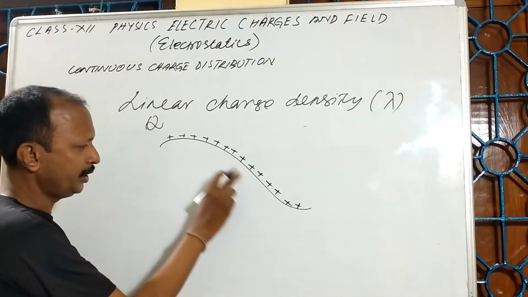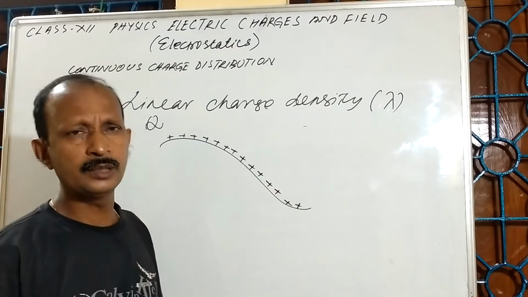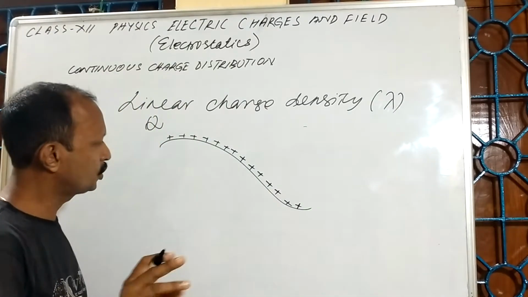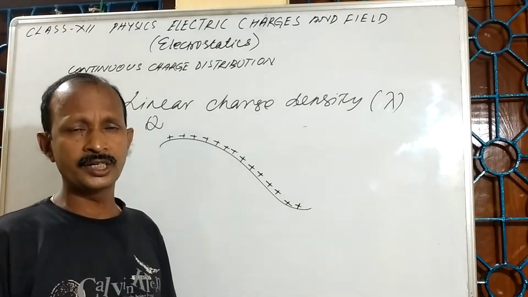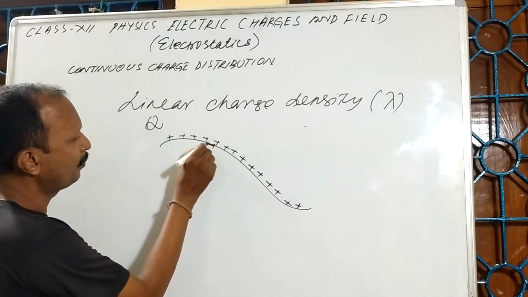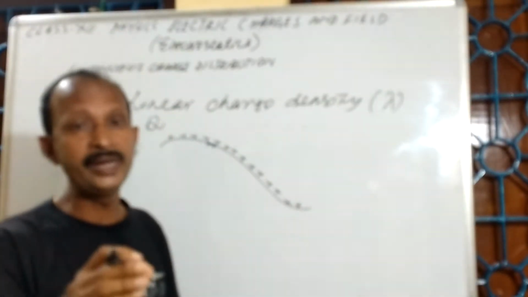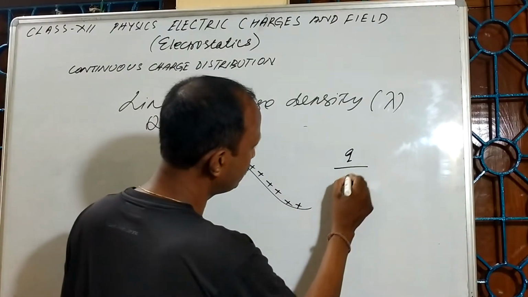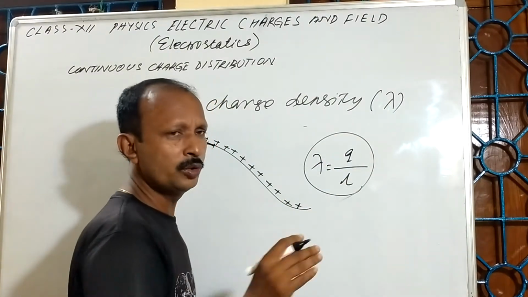We have taken one conductor whose diameter is negligible in comparison with its other dimensions. So, whenever I am telling about the linear charge density, that means the charge present in a unit length. Suppose the charge is Q, the length is L, then lambda is equal to Q upon L.